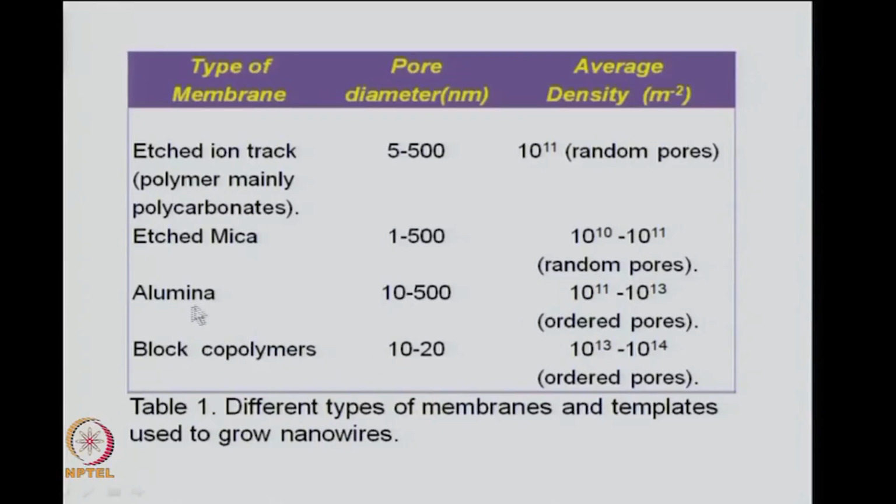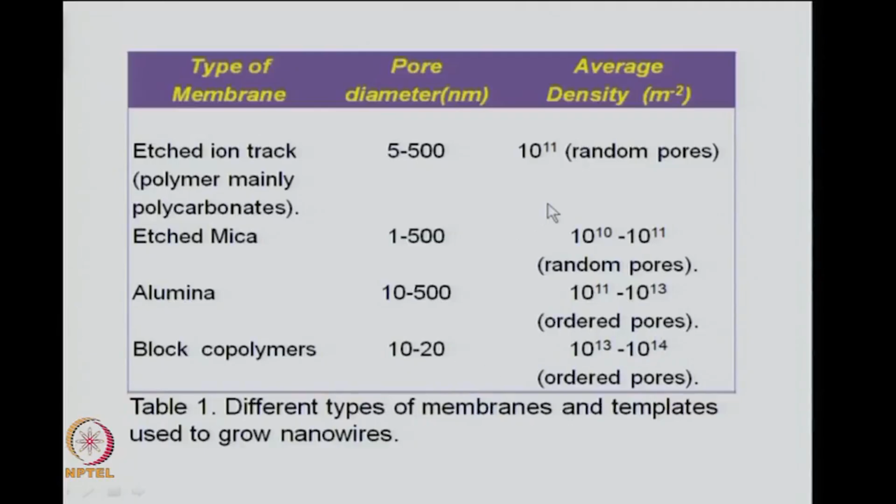You can also use alumina, which is aluminum oxide Al2O3, and in this alumina you can make channels of the type of 10 to 500 nanometers, and which is the pore diameter, and again you have 10 to the power 11 to 10 to the power 13 pores, but now in this case you can have ordered pores.